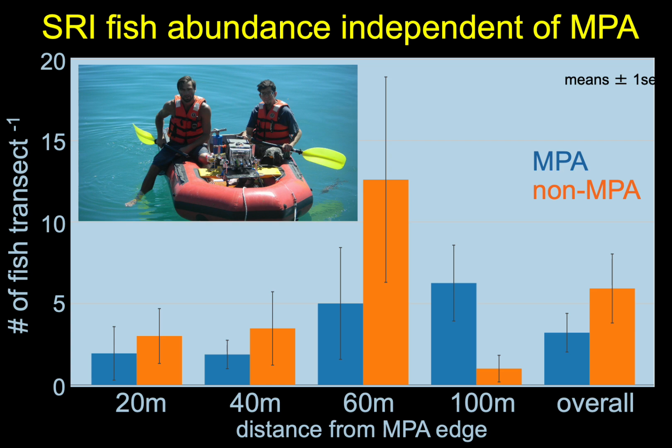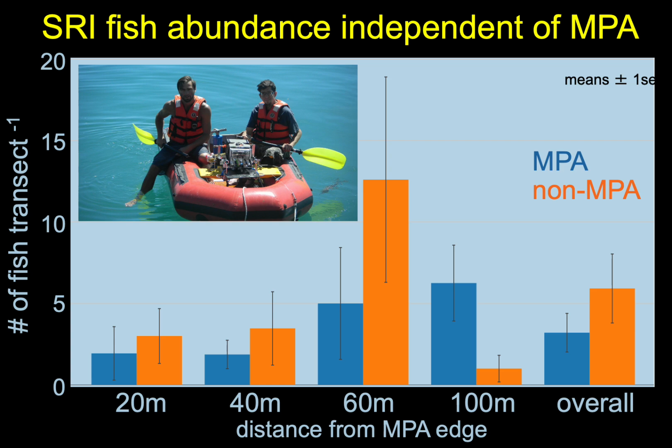Yeah? But because these bars overlap, that's not statistically significant. That's just random. That's because of the few transects we happen to grab. It's not robustly different. So when we go 20 meters in and 20 meters out, same amount of fish. Same thing when we go 40 meters out. When we go in, we go out, same amount of fish.